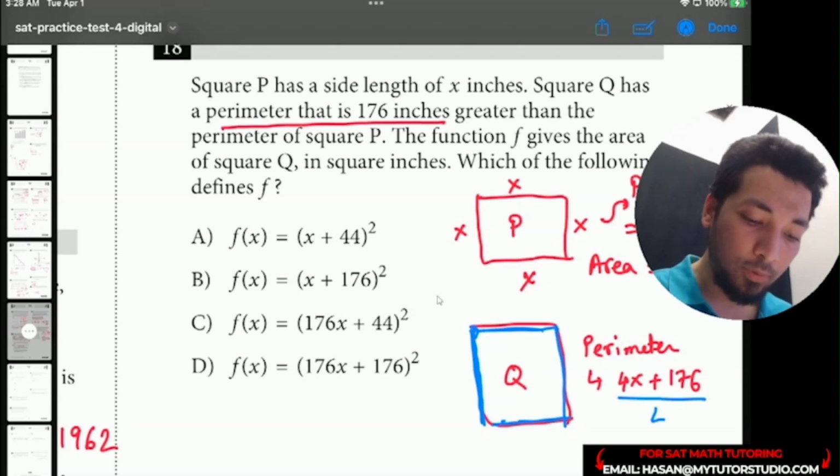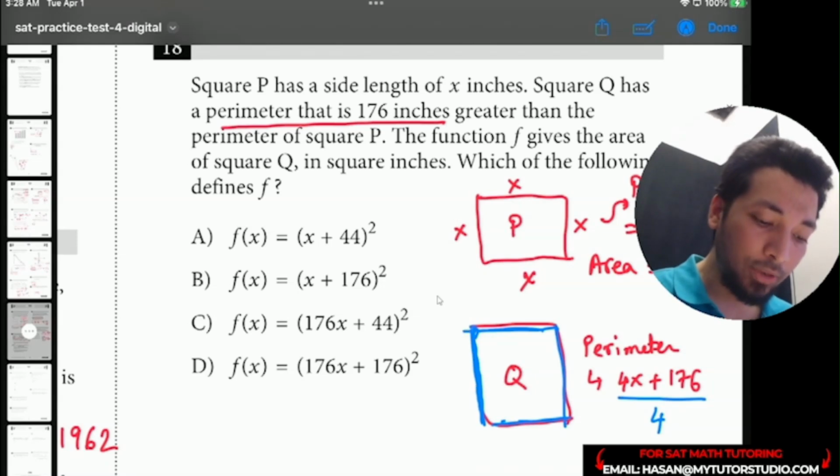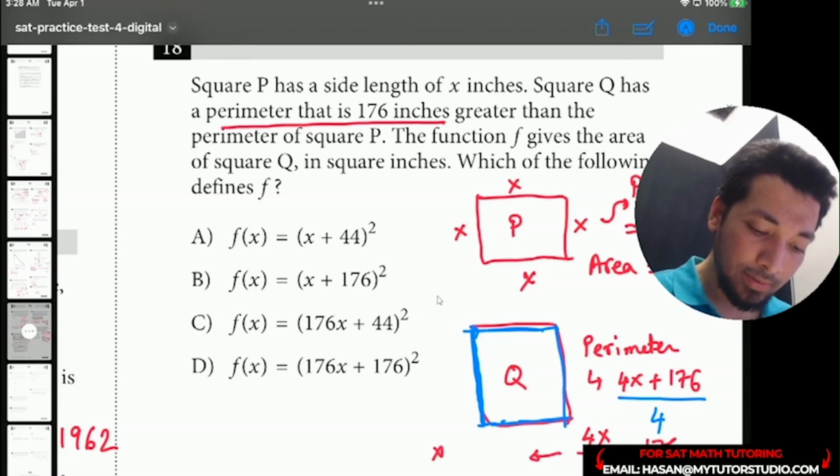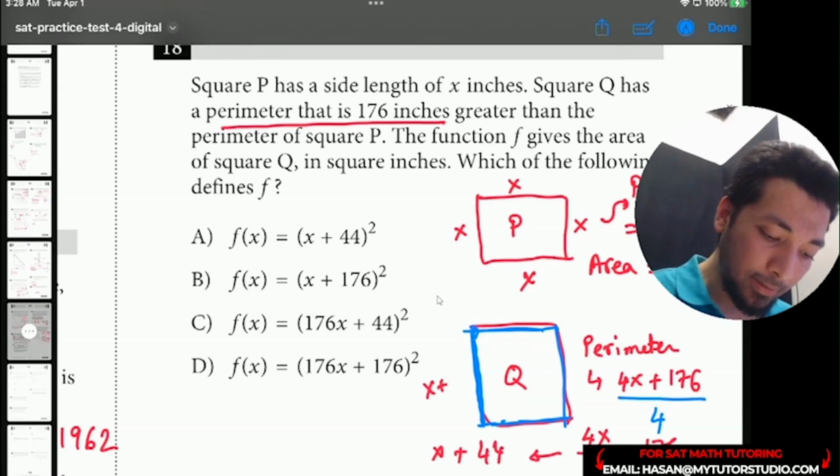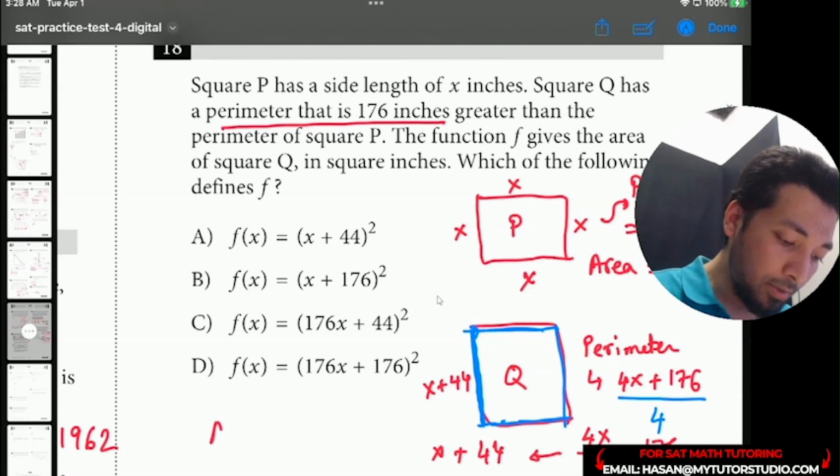So if I divide this by 4, I get the individual side length. So that is 4x divided by 4 plus 176 divided by 4. I'm getting x plus 44. That's my side length. Now to get the area, I need to do side length squared.